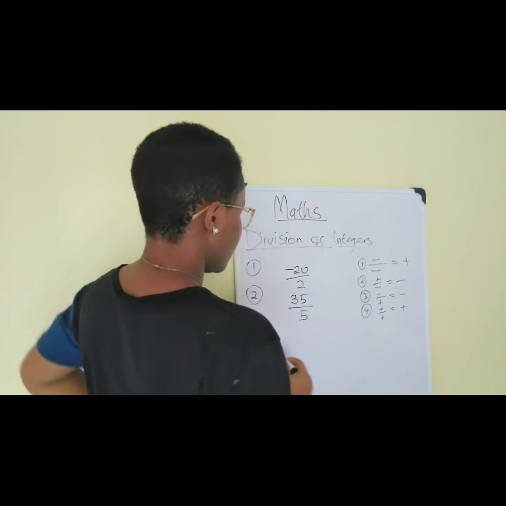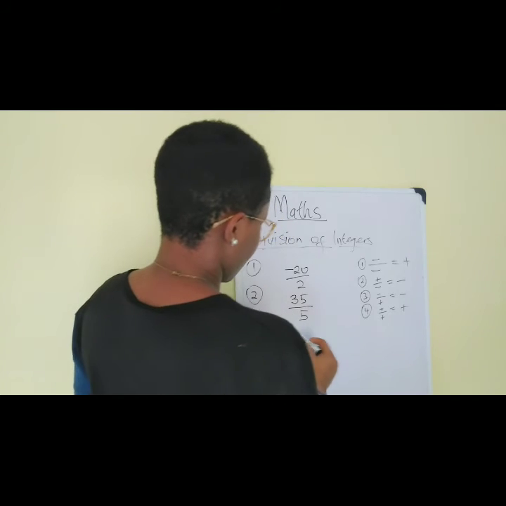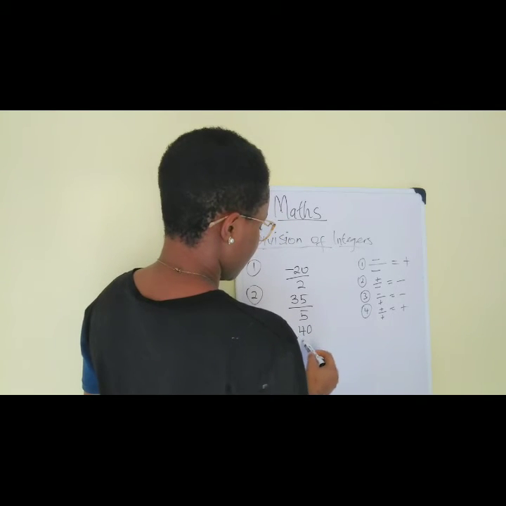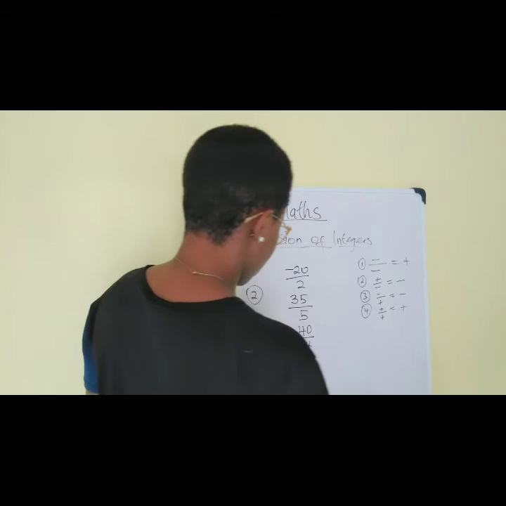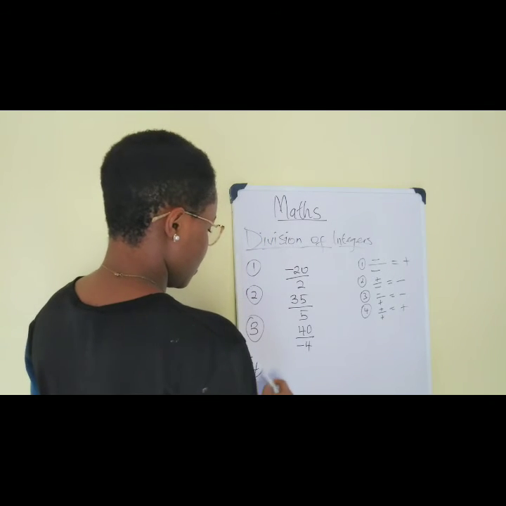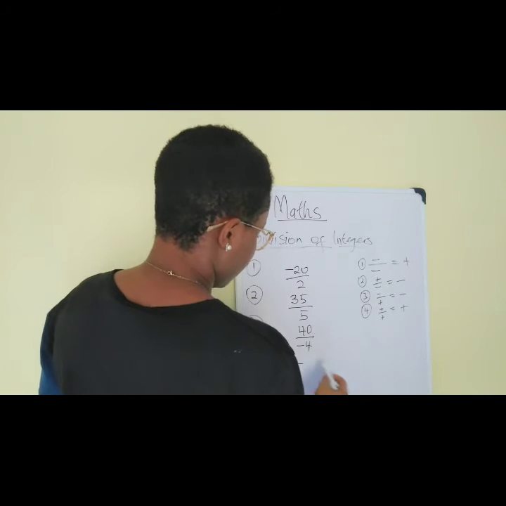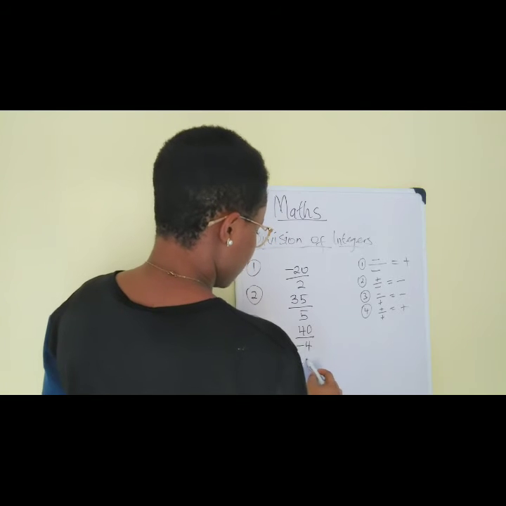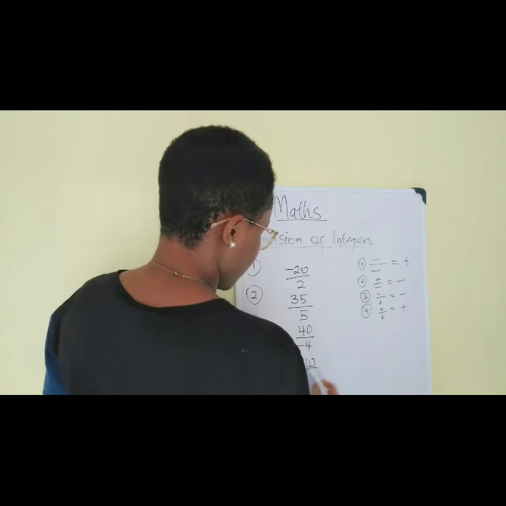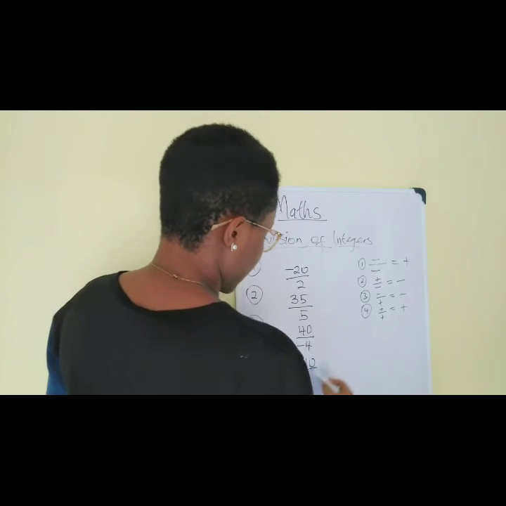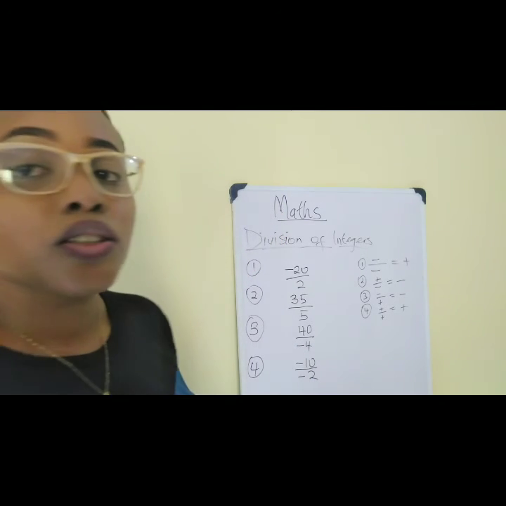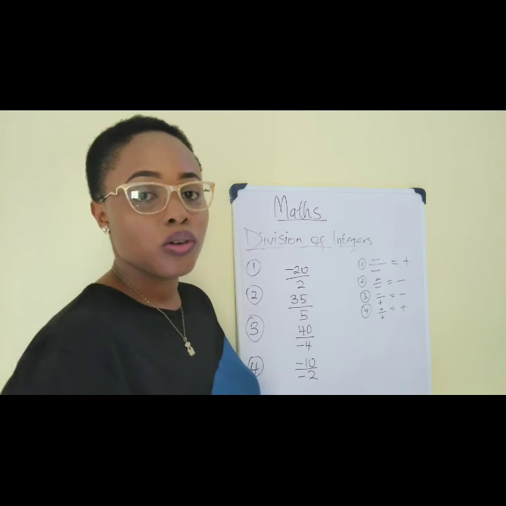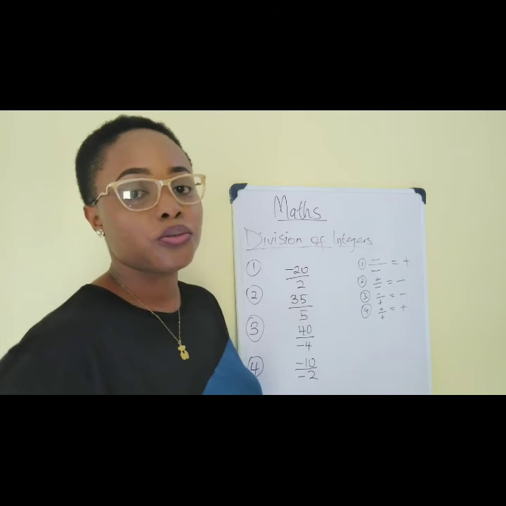The third one is a positive 40 divided by a negative 4. And the fourth one is a negative 10 divided by a negative 2. So guys, go ahead and pause the video and try to solve these problems on your own.